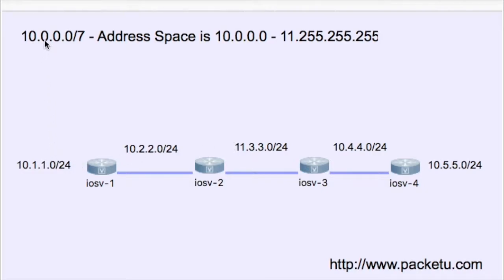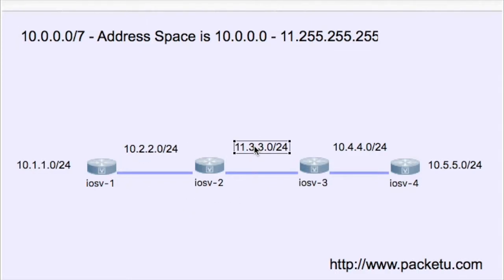So we've got the 10.0.0.0/7 address space, and now we can see that we have a contiguous address space. All of these are part of the same address space because we've identified the address space like that. Anything 10 anything to 11 anything, and all of these components fit within that.